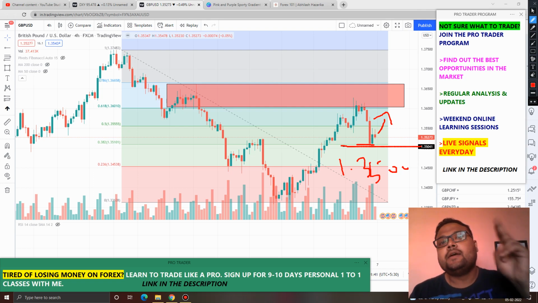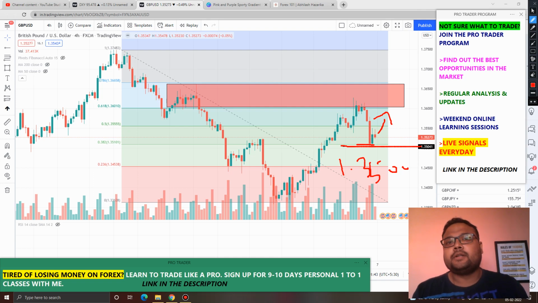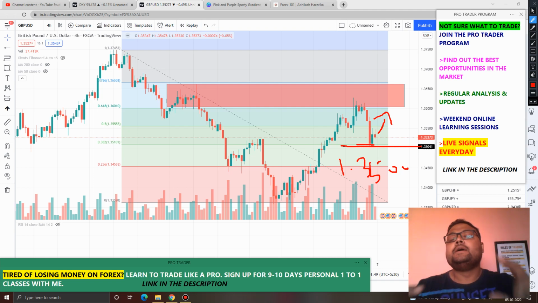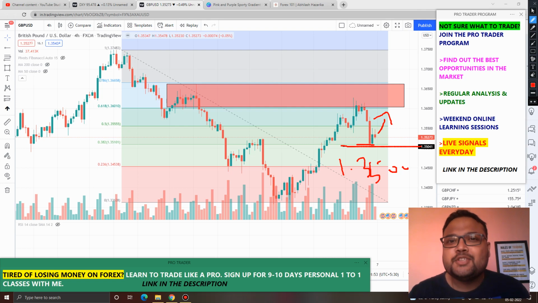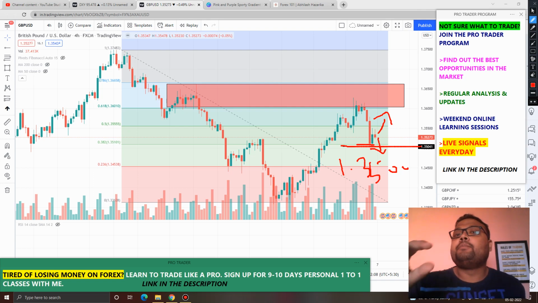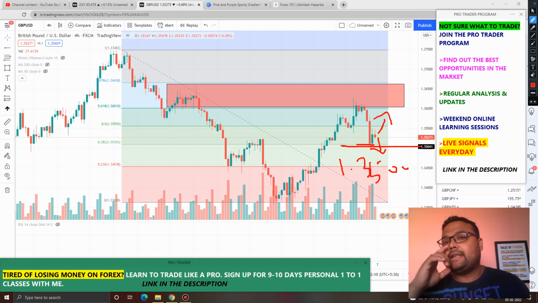Always keep in mind, volume is very important for a proper breakout. If you see a breakout but there is no volume, it could lead to a false breakout, and false breakouts are very dangerous. They are enemies of traders. So if you see a breakout scenario here, if you see the market breaking the support and going down, then look for a proper breakout or a big fat red candle.